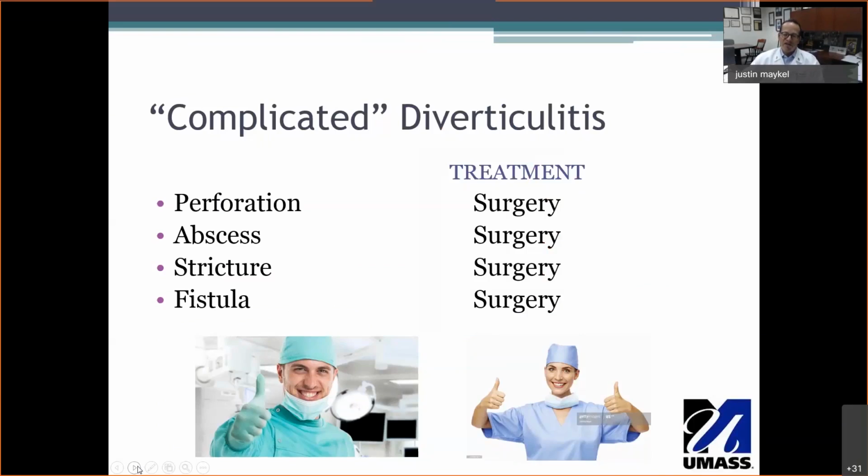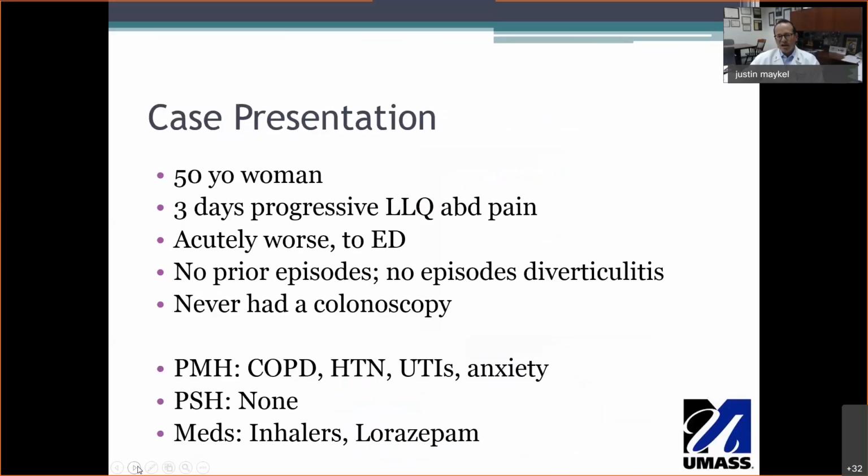Obviously not for all cases, but particularly for patients who develop strictures and fistulas, surgery is really their only option for cure. So I'm going to use this case presentation to walk everybody through a case of complicated diverticulitis. And then, hopefully we'll have an opportunity to exchange some ideas and concepts with regards to how these cases should be managed.